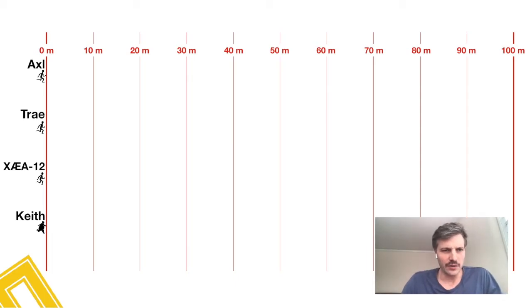When Axel passes the 0 mark, you can start. When he gets to 10, you lap. 20, you get the idea. Once Axel's completed his 100-meter race, pause it, put that data into your table, and then you can restart the video and do the same for Trey, Kyle, and Keith.